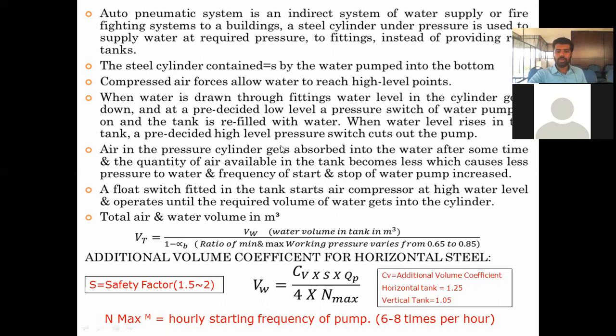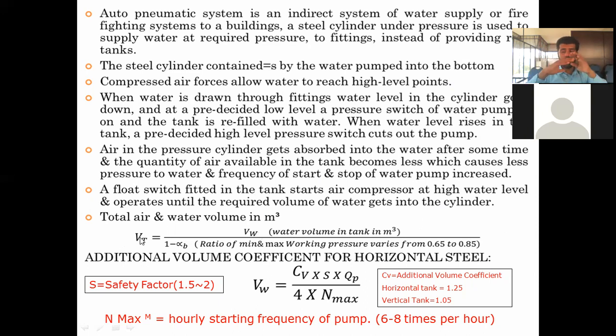We will be doing some problems to find out the capacity, and the formula that we will be using is this: volume of tank, VT, the total volume, equal to VW, water volume in tank in meter cube.